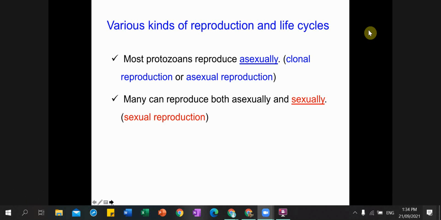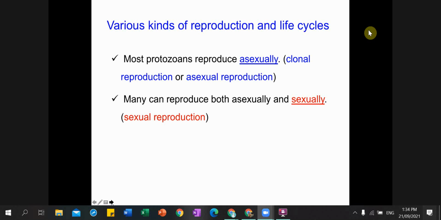It means they need sex. Not the kind of sex you are thinking about. Sex over here refers to two types of organisms within the species working together.